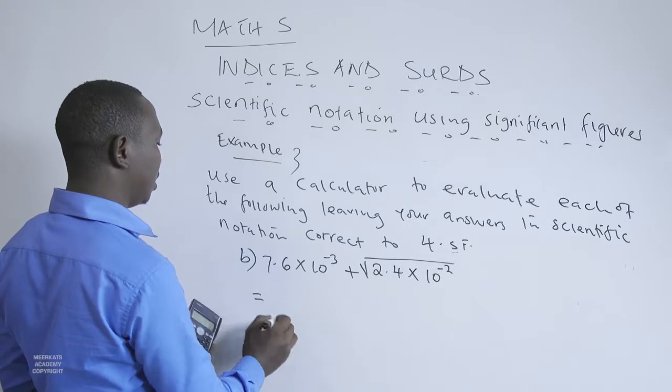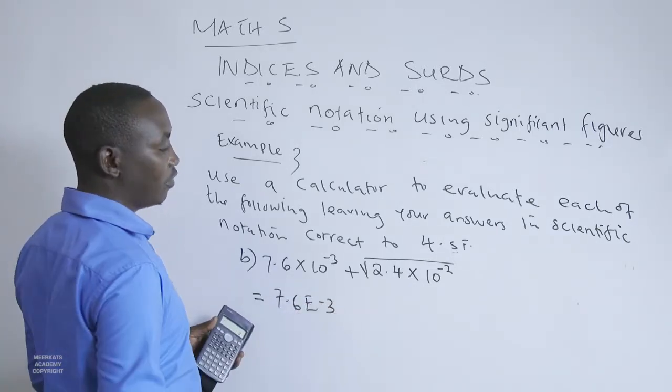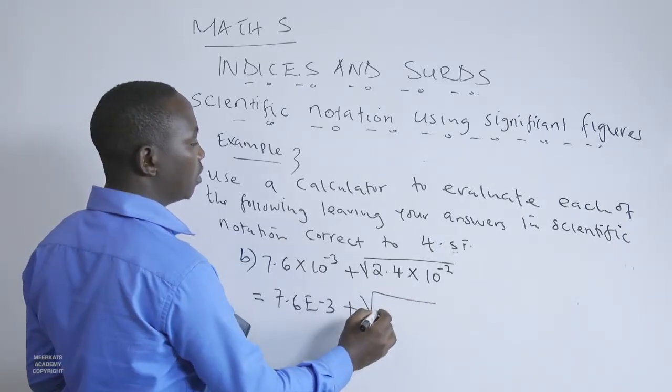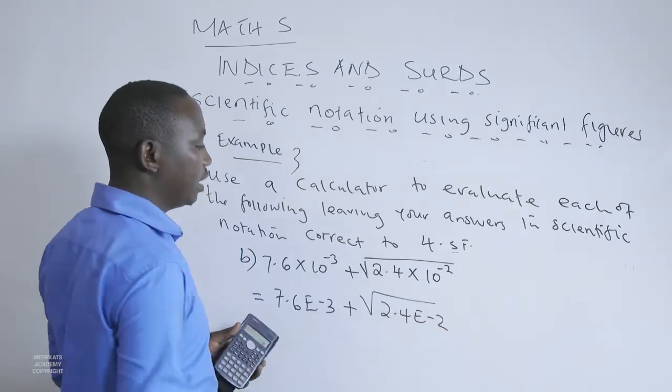So this shall be 7.6 exponential negative 3 on the calculator plus the square root of 2.4 exponential negative 2.